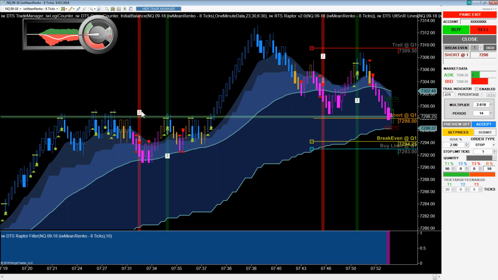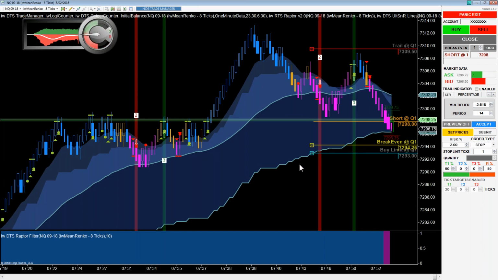But I don't think it's out of the question, especially now that we've kind of confirmed the top, big test of the extreme, that the market may try to get a little bit lower here. Don't be surprised if the rest of the session is kind of sideways, kind of bouncing between the high here at around 73.13 and perhaps the 72.90 zone. I could see that developing as a real possibility.